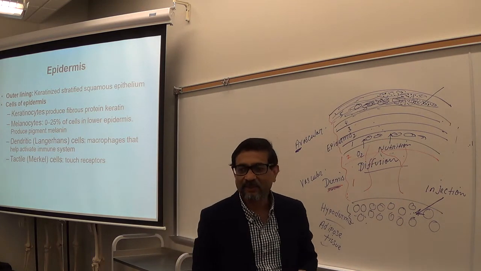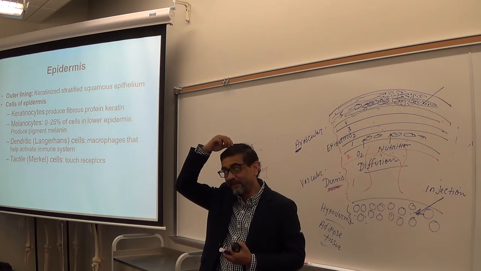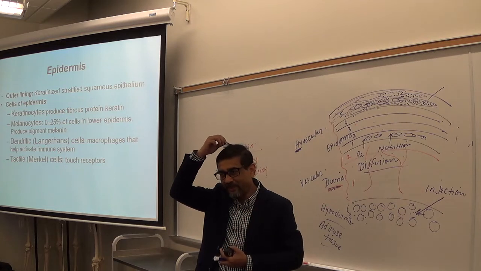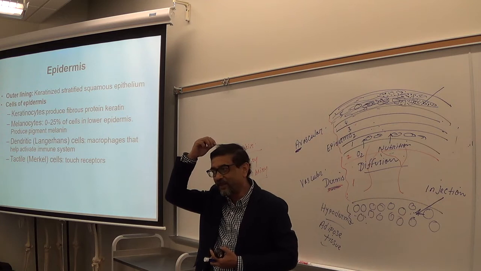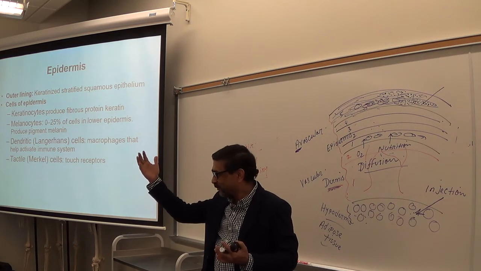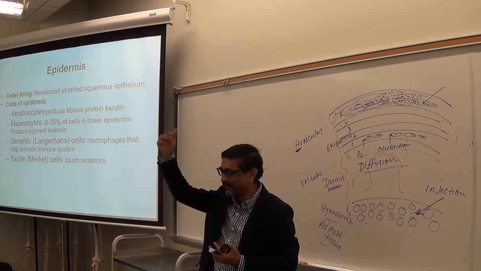Okay? Your hair has a keratin that is different from the skin keratin, but it is also keratin, and you know that hair doesn't get destroyed easily, right? Even after death, you will see the hair remains intact for a long time, many years.